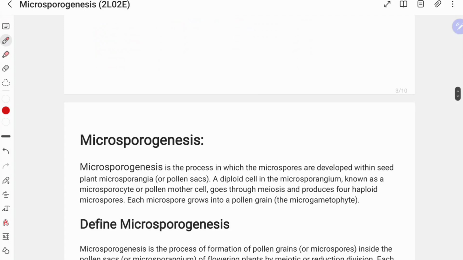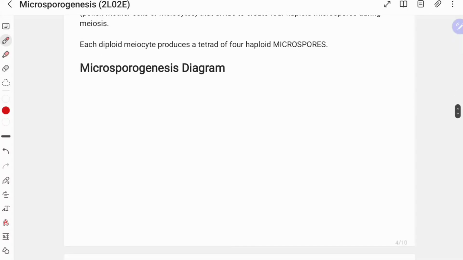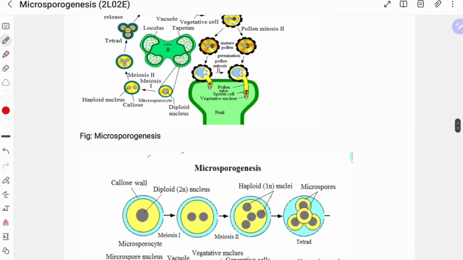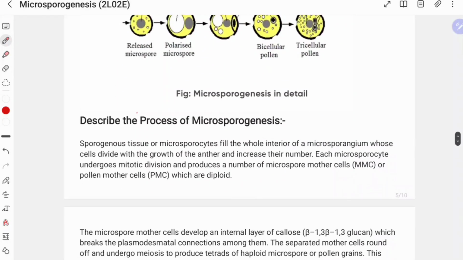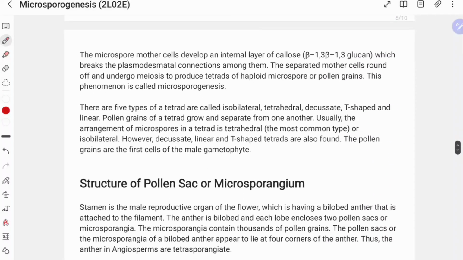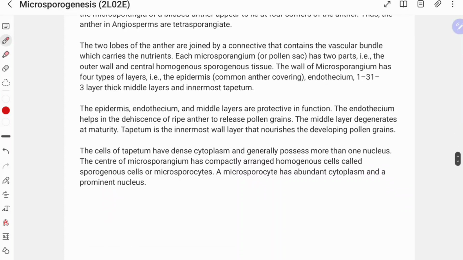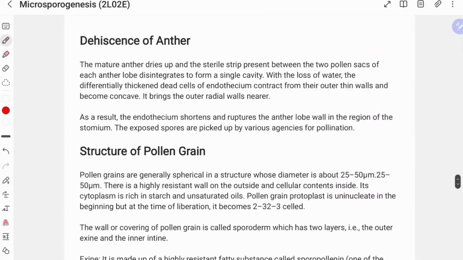And these are the notes for you. Please note down the notes about microsporogenesis, and use the diagram at the particular places, which will help you discuss microsporogenesis and understand these points easily.